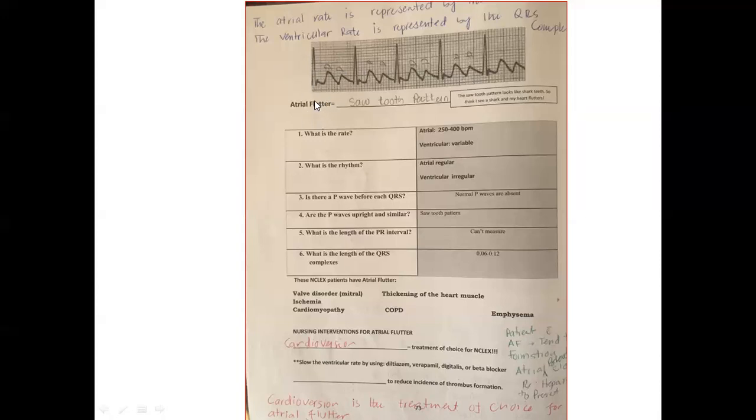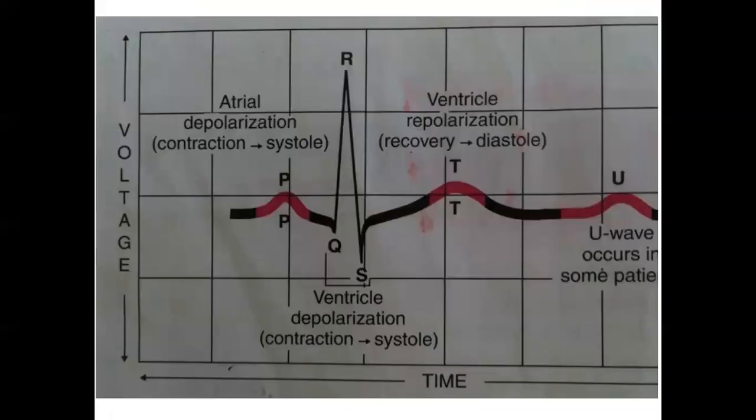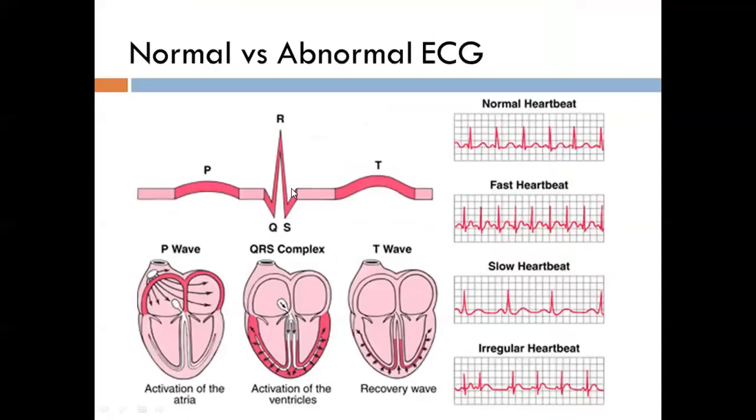Also, it is important to know that the atrial rate, or the atria, is represented by the P wave. Remember at the beginning I said, this is the P wave, and why is the P wave produced? Because of atrial contraction.